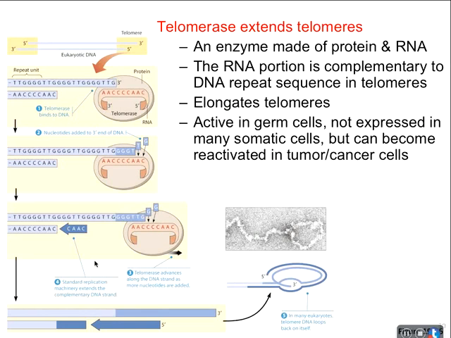Because it's the same sequence over and over and over again, the 3' overhang will actually turn around and bind inside of the telomere to create kind of a loop structure on the end of all eukaryotic chromosomes. The value of that is that it prevents degradation. The end of the chromosome is less likely to be degraded because you have this looped around structure. There's also some proteins that will bind to hold that loop structure in place. It's a way of preventing degradation of the telomeres too fast.